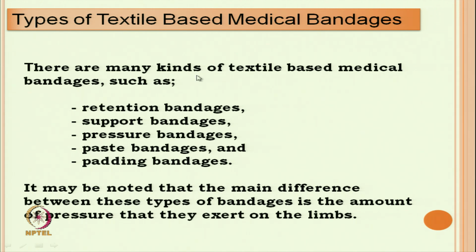So, medical bandages are broadly classified into these categories. Here one thing we should note is that the main difference between these types of bandages is the amount of pressure they exert on our body.